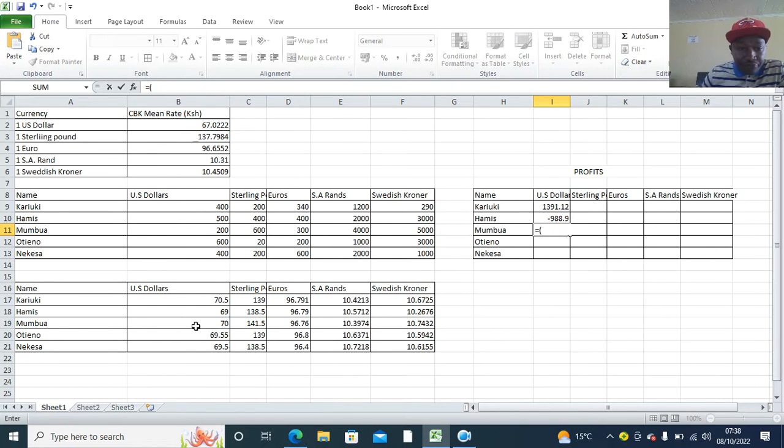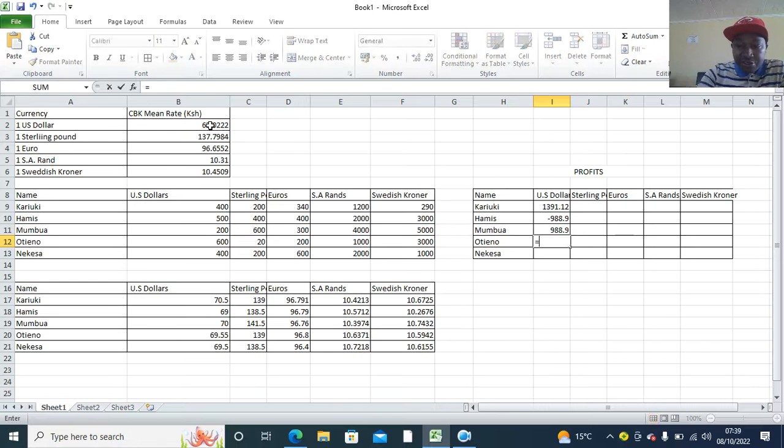It should be he sold, this was the selling price. So this guy, number 2, bought 500. It should be 500 multiplied by 69 minus, open the bracket, the same 500 multiplied by 67. Close the bracket, press enter.